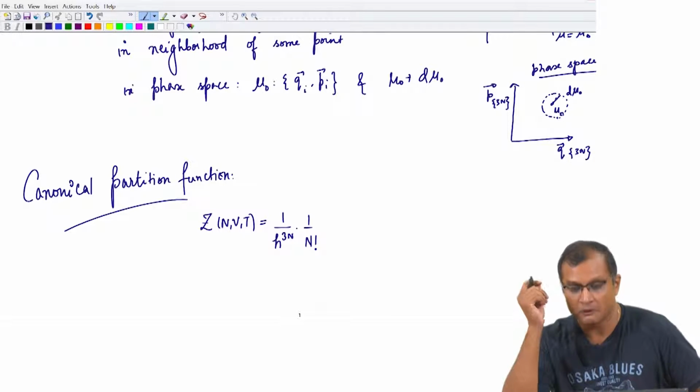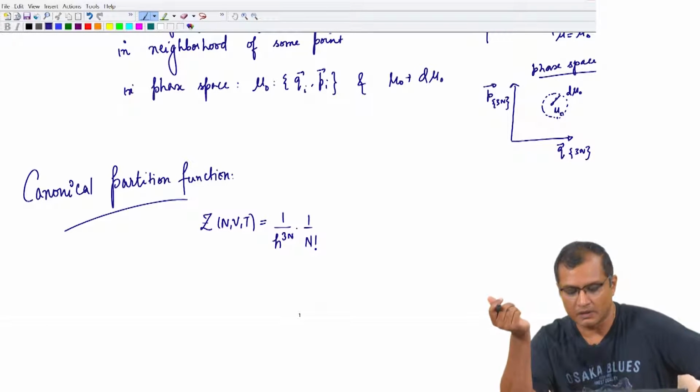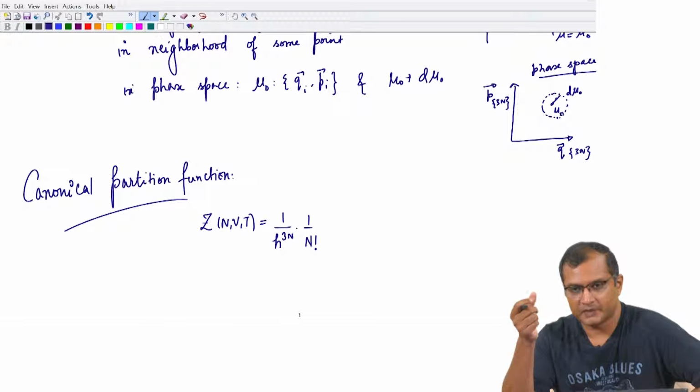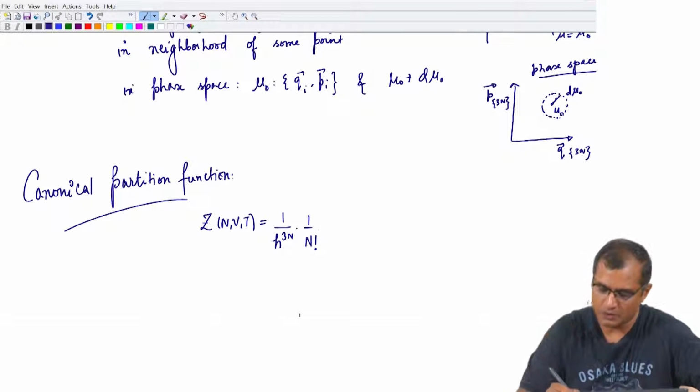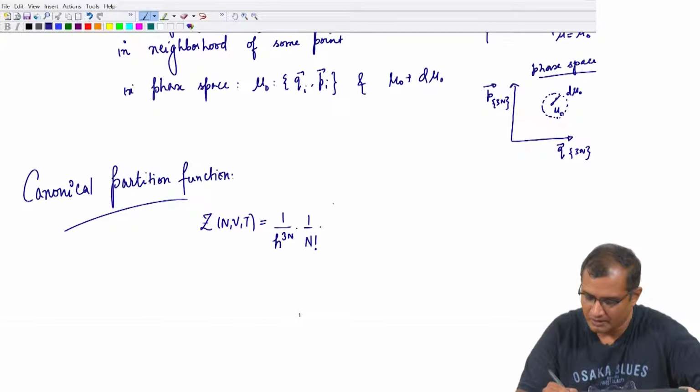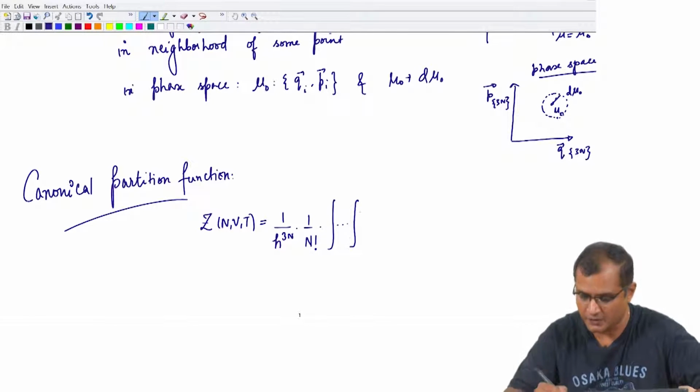So, to avoid overcounting of the microstates, because particles are indistinguishable, there are precisely n factorial microstates for each arrangement of n particles. So, I need to divide the partition function by n factorial to avoid the overcounting, and then I have these integrals over the entire phase space.